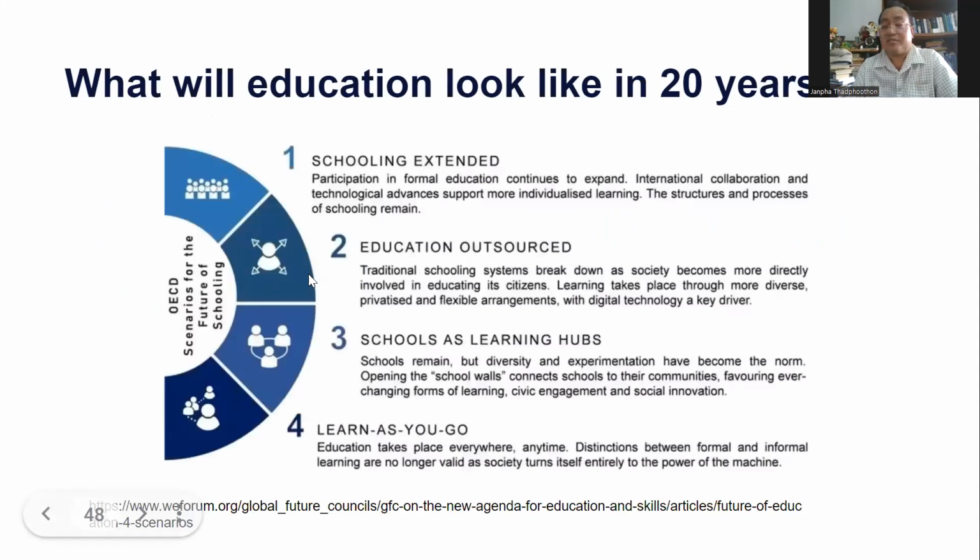The 4 scenarios: the first is the scenario where schooling is extended. Okay, people will get more participation from out-of-school communities, and there will be other sources of information like the internet. We cannot just focus on the school anymore.